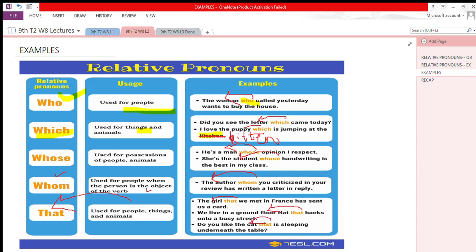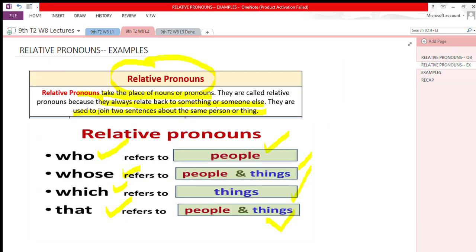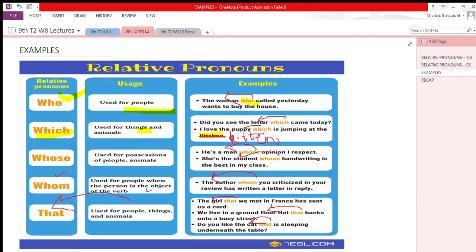It refers to cat. If you look at these examples and the definition, they are called relative pronouns because they always relate back to something or someone else. They are also used to join sentences about the same person or thing. So in all these examples, they are referring back to the noun used in the first part.